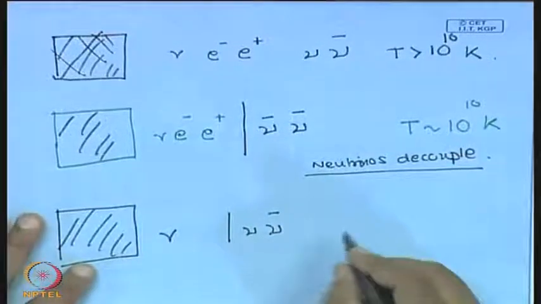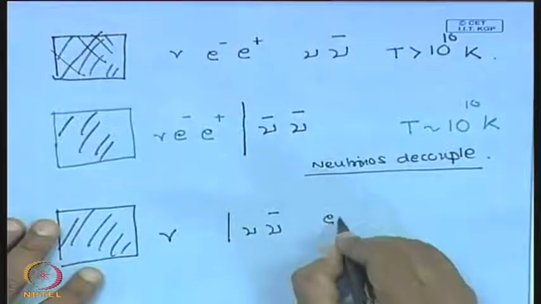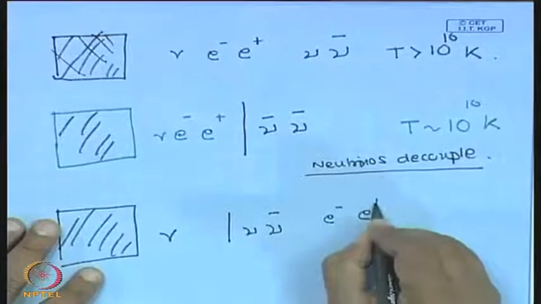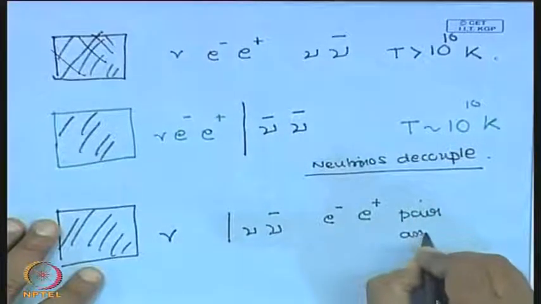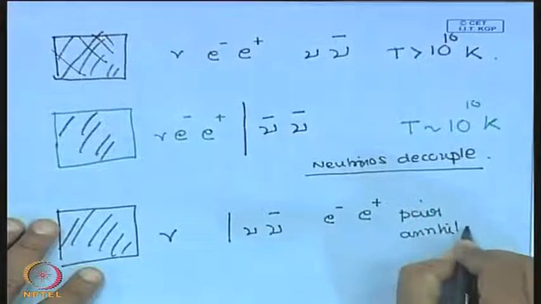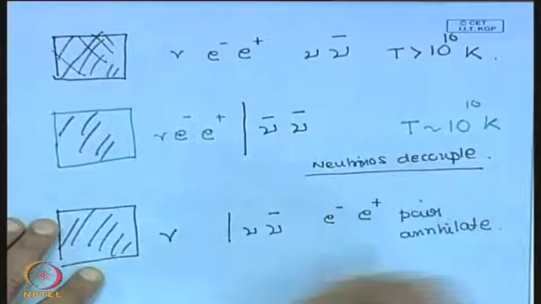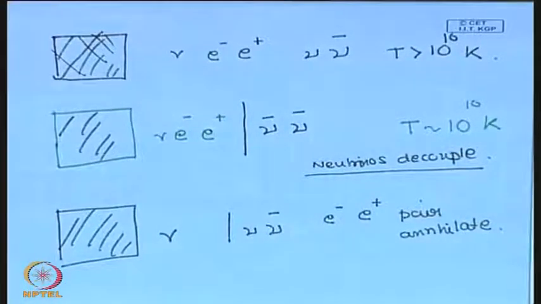So this is called electron positron pair annihilation. The pairs annihilate and you are left with just the photons.